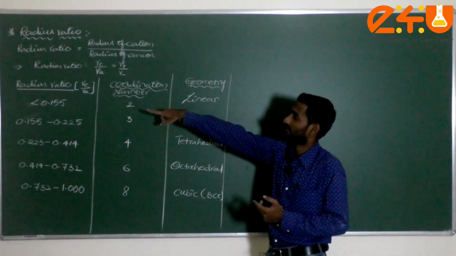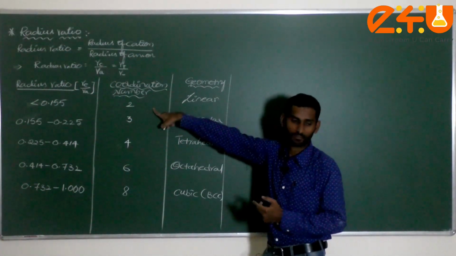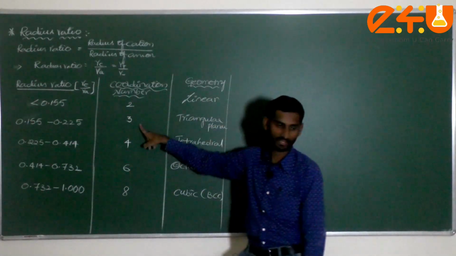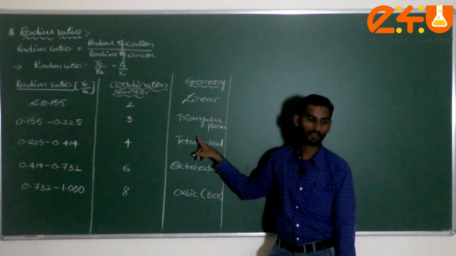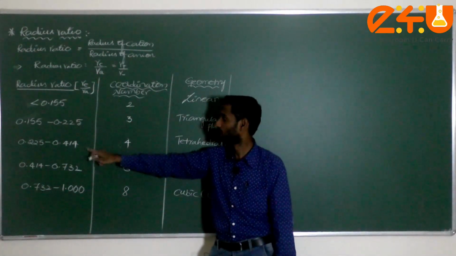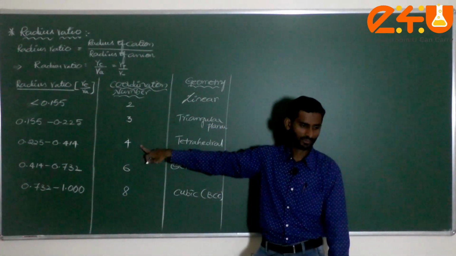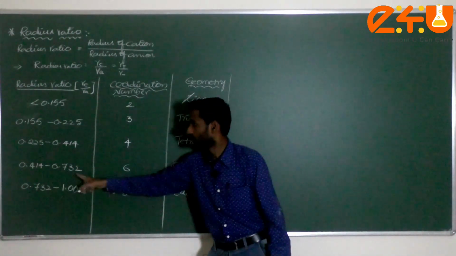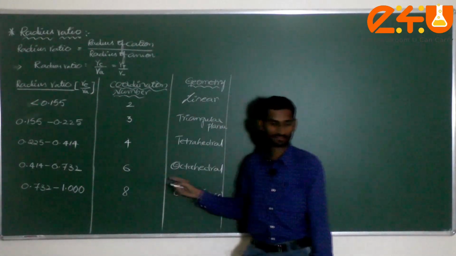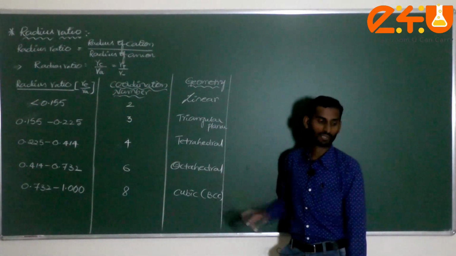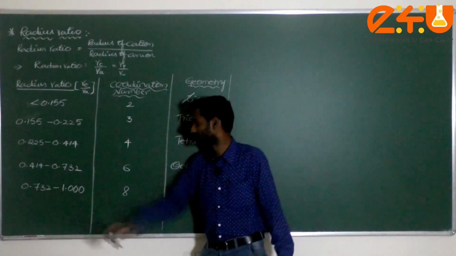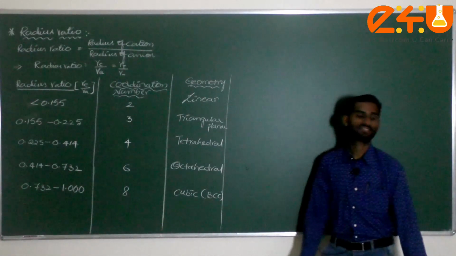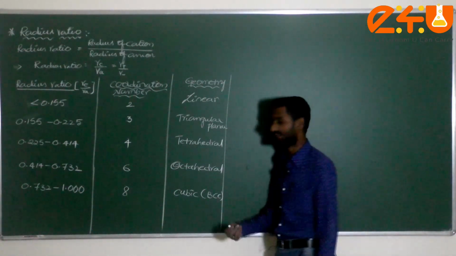To recap: less than 0.155, coordination number 2, linear; 0.155 to 0.225, coordination number 3, triangular planar; 0.225 to 0.414, coordination number 4, tetrahedral; 0.414 to 0.732, coordination number 6, octahedral; 0.732 to 1.000, coordination number 8, cubic, that is especially BCC, not FCC, and HCP also.